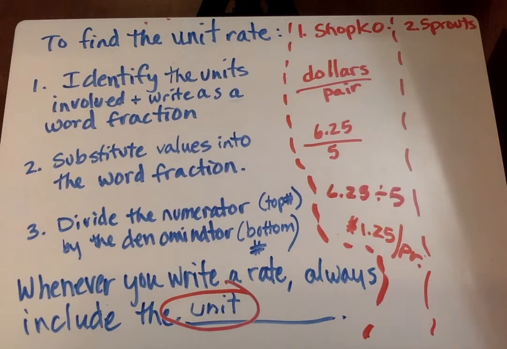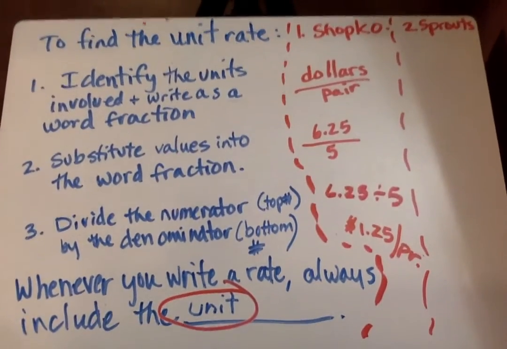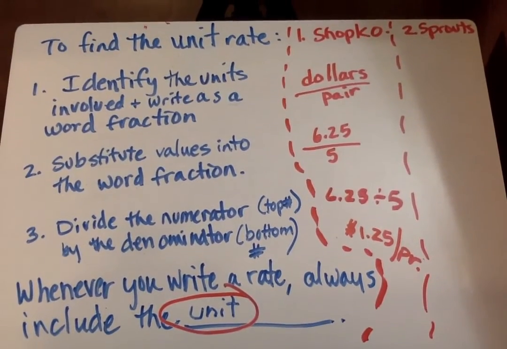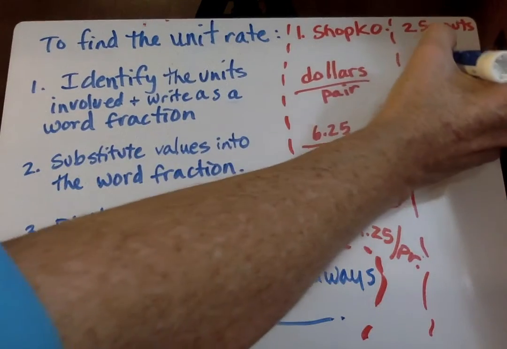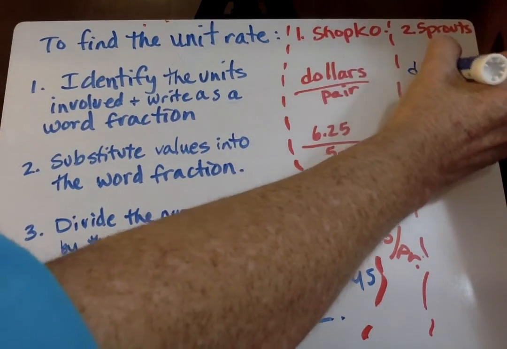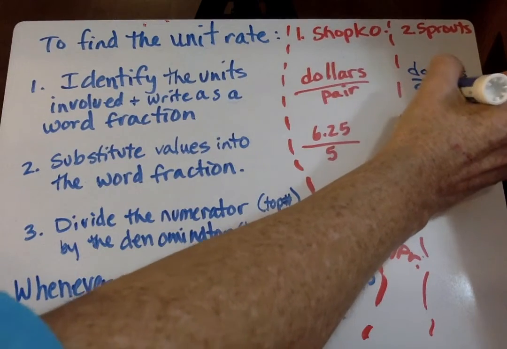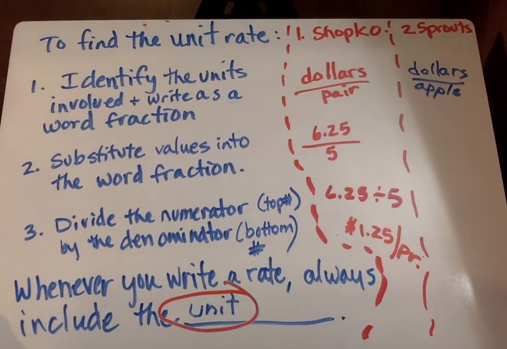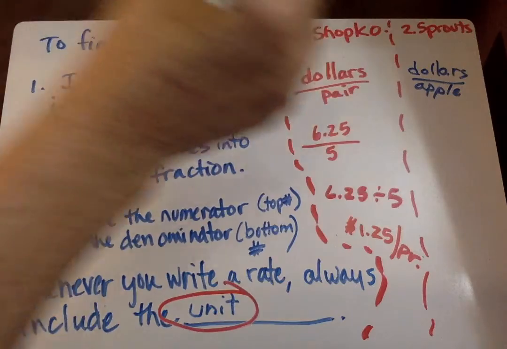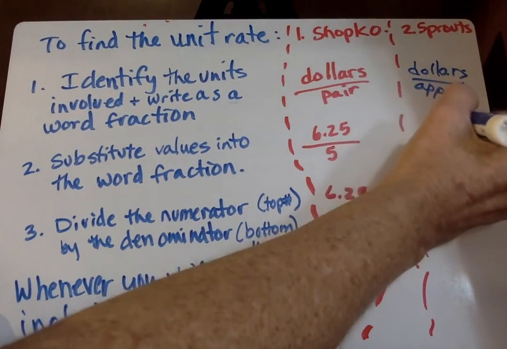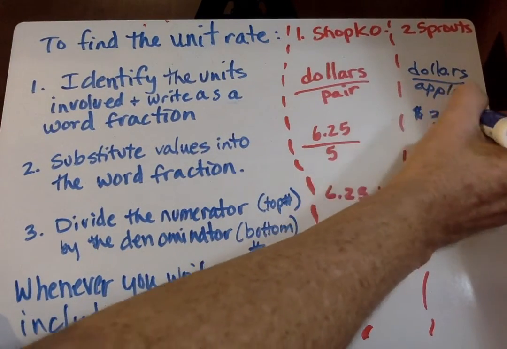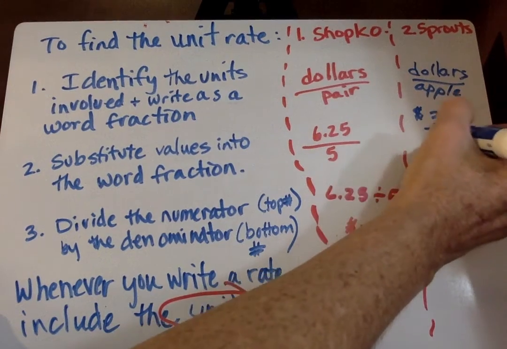So $1.25 per pair. Okay, at Sprouts, I'm going to do this one in blue. You buy 4 apples for $3. So we are going to go dollars per apple. And it's actually going to be $3 for 4 apples.